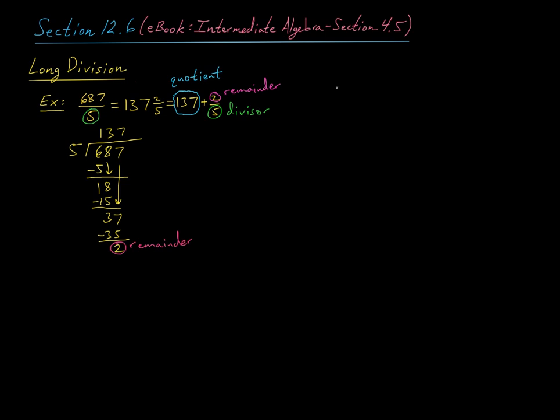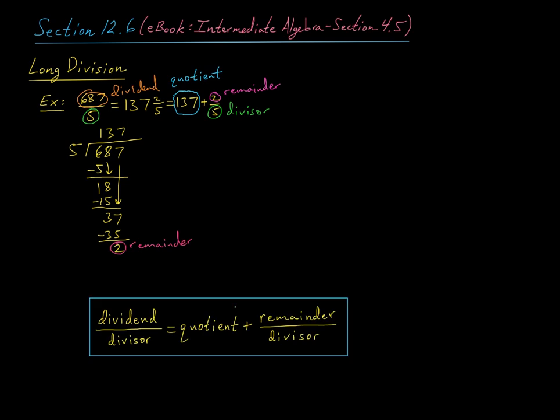And the 687, the thing being divided, is what we call the dividend. So we have the following format for a division problem: dividend over divisor is equal to quotient plus remainder over divisor. With this in mind, let's look at some examples involving polynomials.